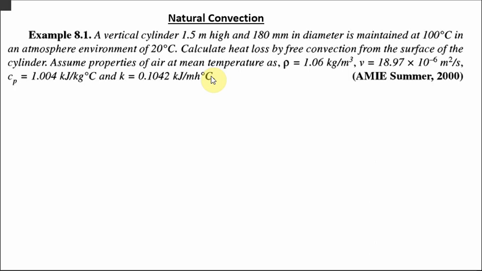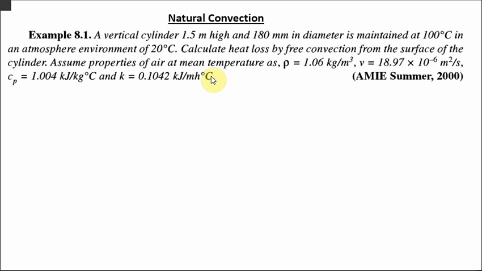One thing we need to remember in natural convection: like in forced convection, where Reynolds number was the parameter to decide whether the flow is laminar or turbulent, in natural convection the Rayleigh number, or Grashof number into Prandtl number, is the parameter which decides whether flow is laminar or turbulent.